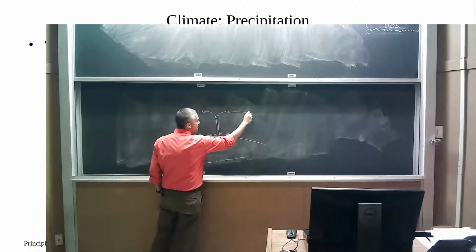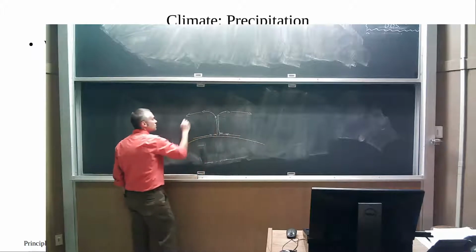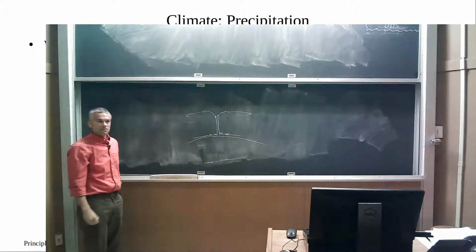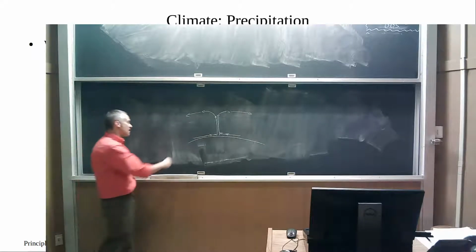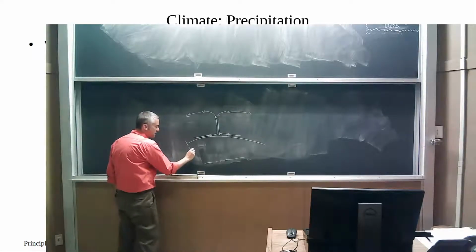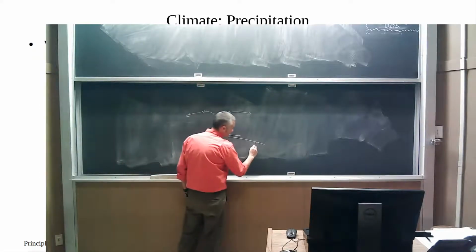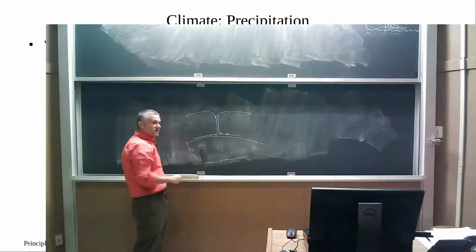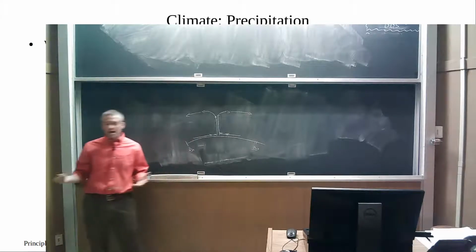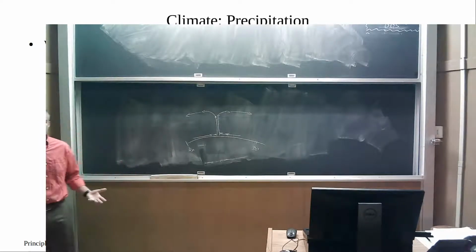So that air mass then moves to higher latitudes. But not just higher latitudes. It actually starts to come down right at about the 30-degree parallel lines. All right, so at that point we've got air that has lost its moisture.